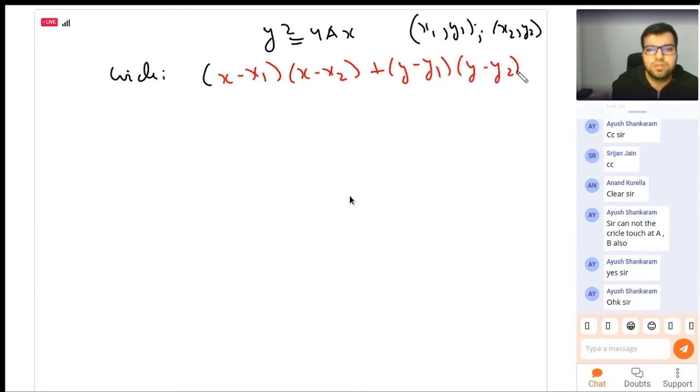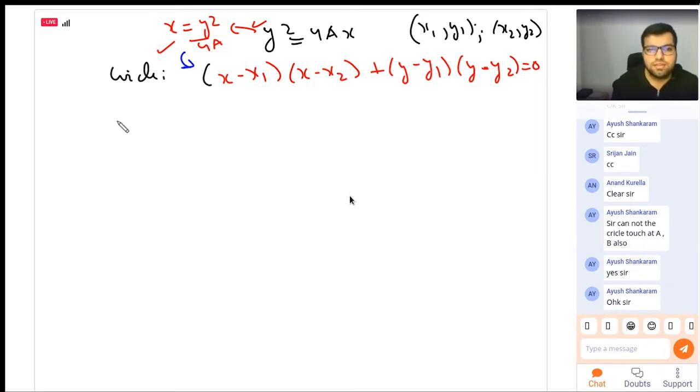So I told you we have to solve these two, the circle equation and the parabola equation. The best way is to put the value of x equals y square by 4a. Put this particular value in this equation, and you will get a biquadratic, fourth degree polynomial in y.